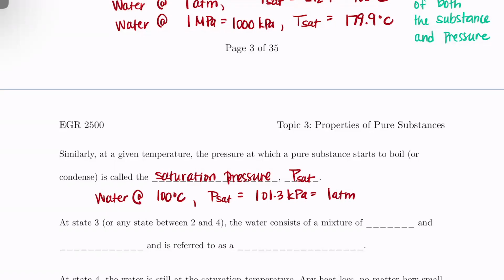And then we can work the other way around. So our water at 179.9 degrees C has a saturation pressure of 1 megapascal. Okay, so our saturation pressures and temperatures are connected with one another. Does that make sense? Cool.